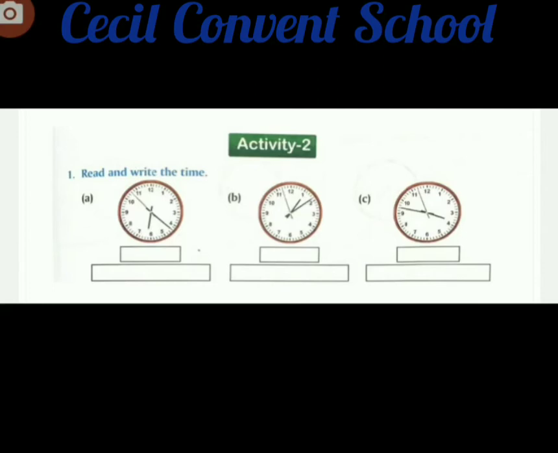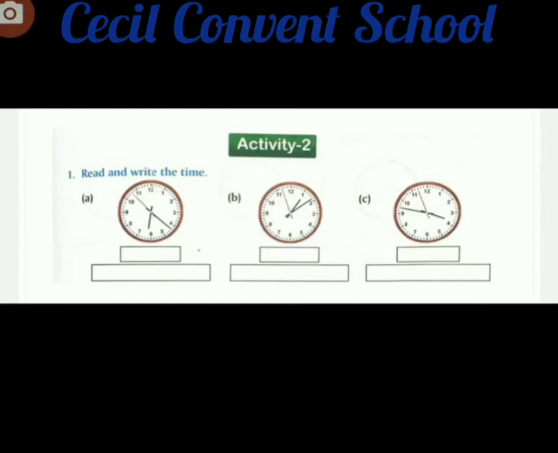Clear? So firstly, see the smaller hand. It is between 6 and 7, so you write 6, then a colon. Then you see the minute hand. It is between 4 and 5, and you know that if it is on 4, we consider 20, and if it comes after 4, we will count those small lines also.